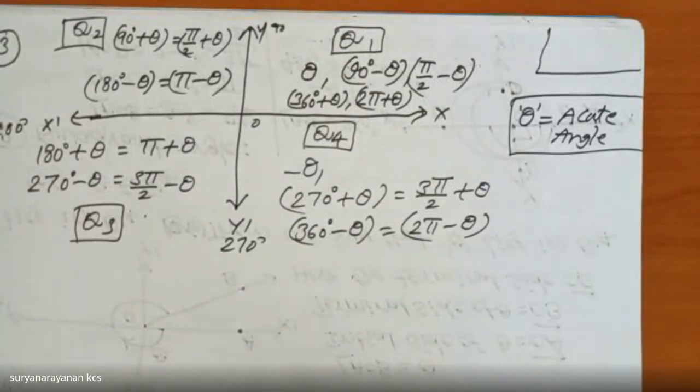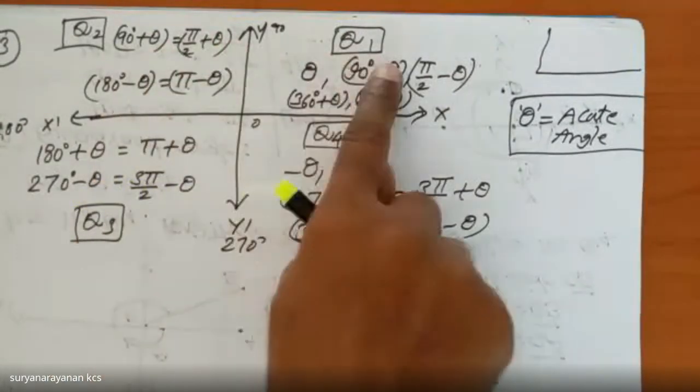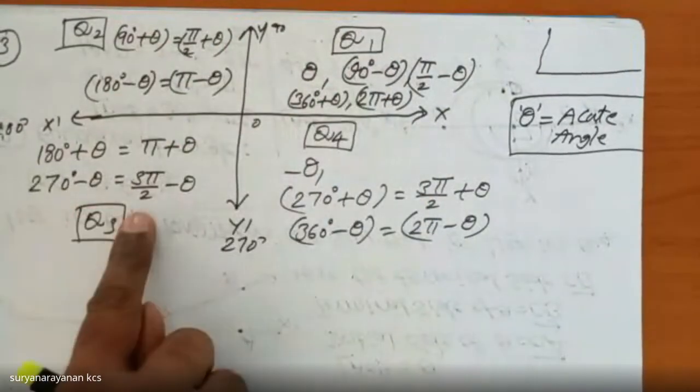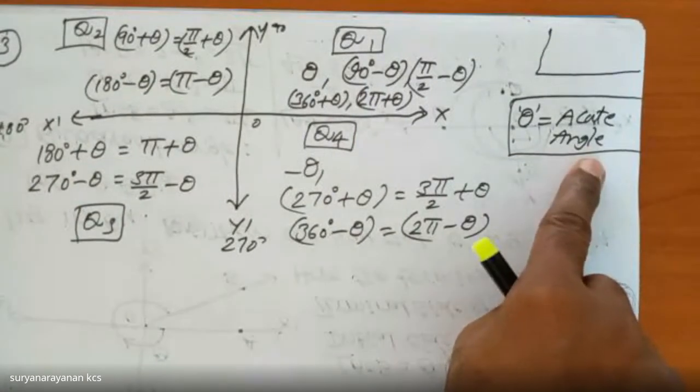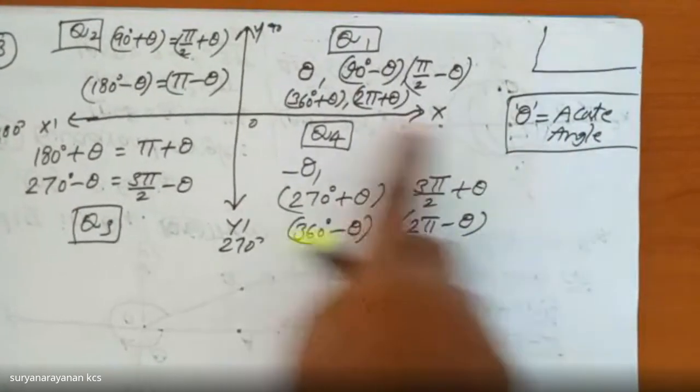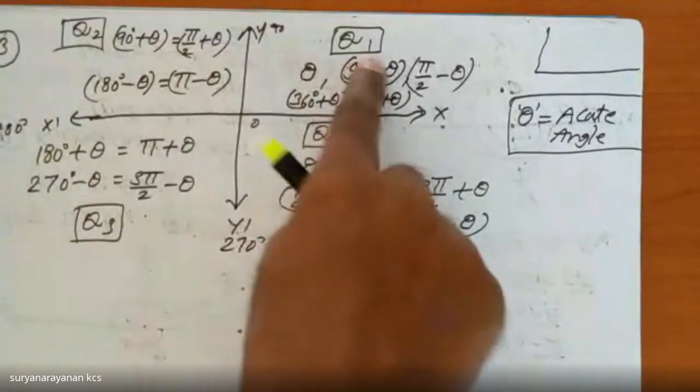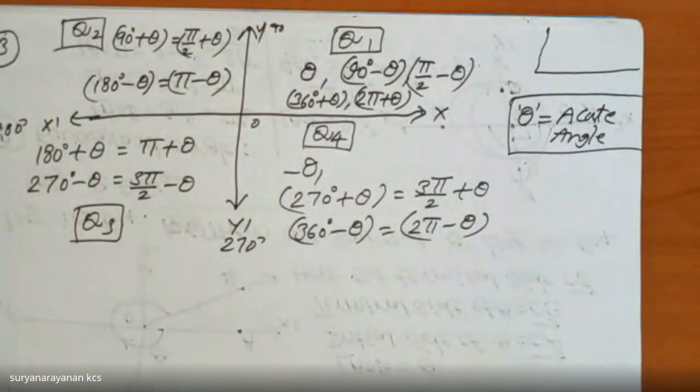If you get any angle in this form, theta is always an acute angle. Please remember this point also. You should remember the form of an angle: 180 degrees minus theta, 180 degrees plus theta, 270 degrees minus theta, and in which quadrant each lies.